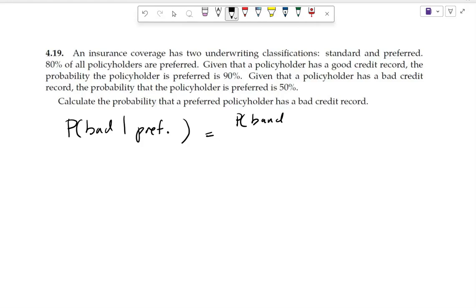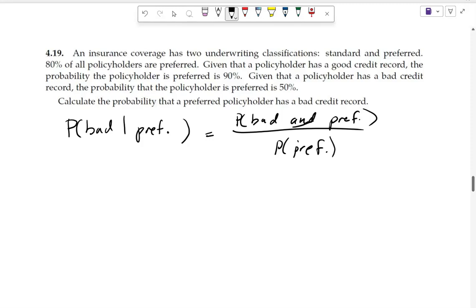That would be bad, not banned. Bad and preferred over preferred. And then flip your conditional.